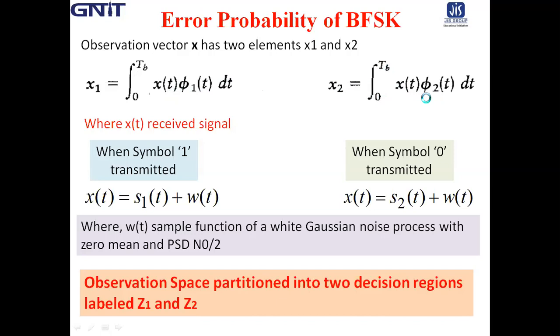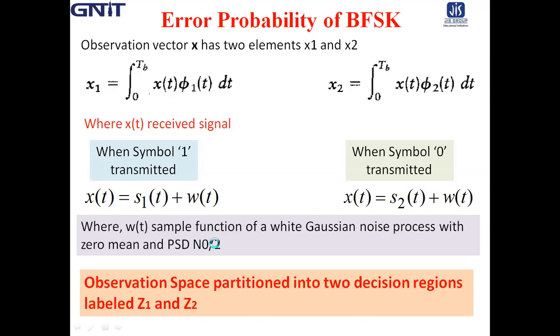Given that symbol 1 was transmitted, then x(t) equals s1(t) plus w(t), where w(t) is the sample function of a white Gaussian noise process of 0 mean and power spectral density N0 by 2.